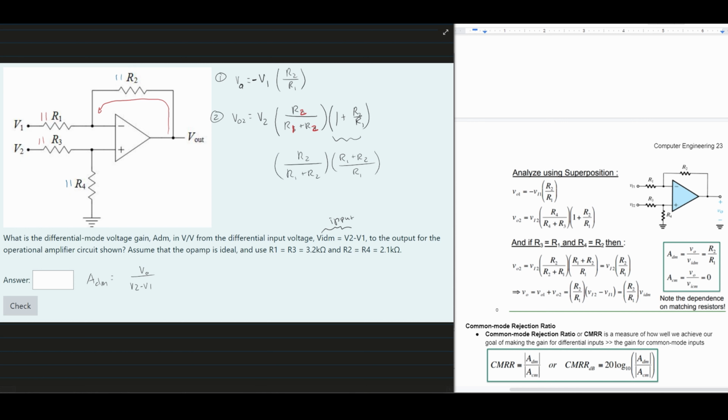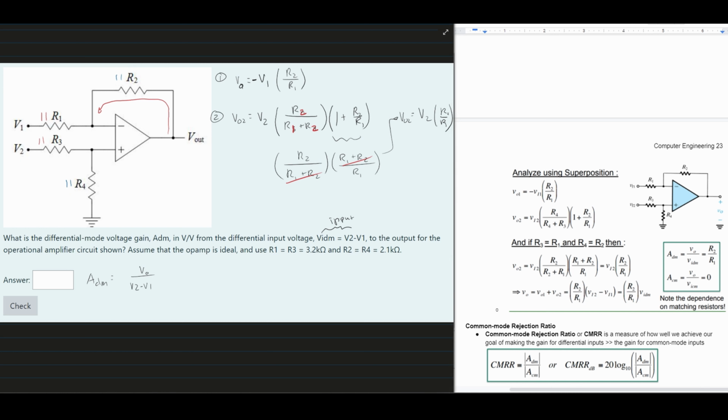We can see that these are going to cancel out, and we're just going to be left with R2 over R1. So we can say our V output 2 is equal to V2 times our R2 over R1. The superposition part's a little tricky, but we are just using the following to solve for it.